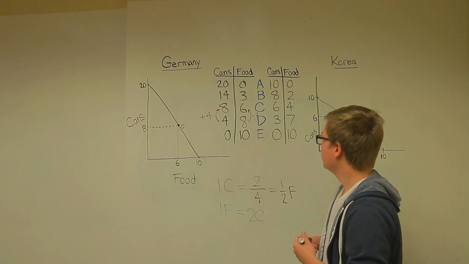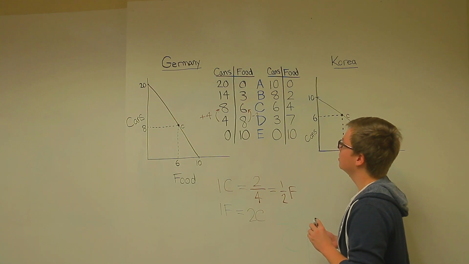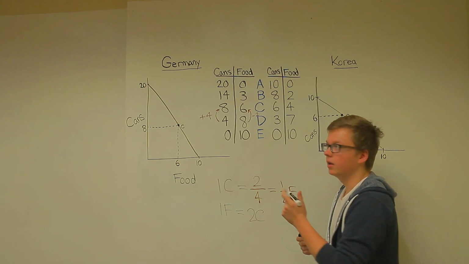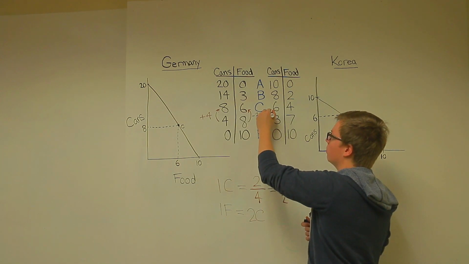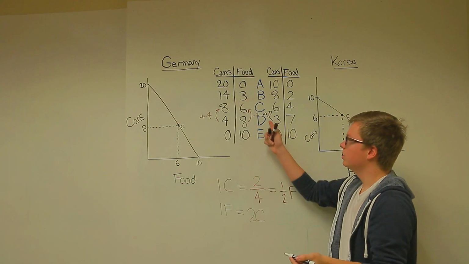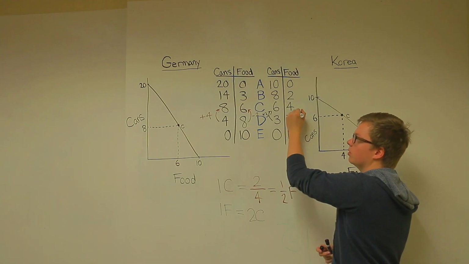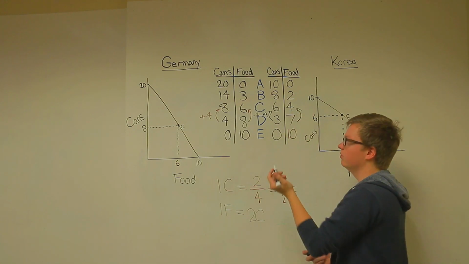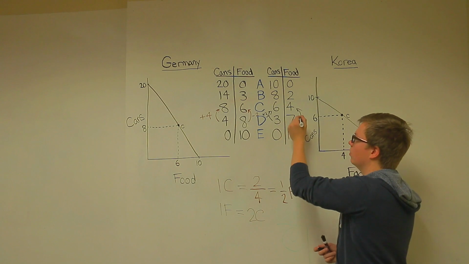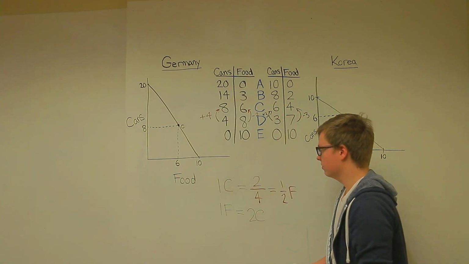So these are the prices of cans and food for Germany. Now if we look at Korea, let's say they want to produce more cans. So maybe they want to go from here to here. They're producing 3 more cans, 6 minus 3, but they also have to produce less food. They have to give up some food because they can only produce so much. And they go from 7 to 4, so they're losing 3 units of food.